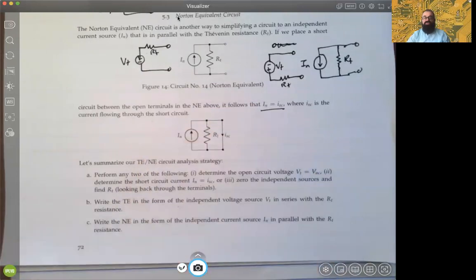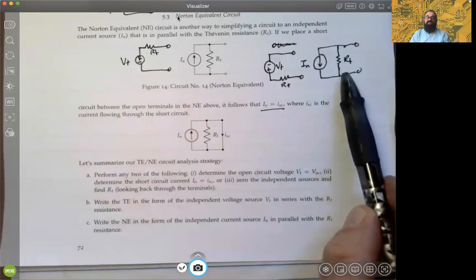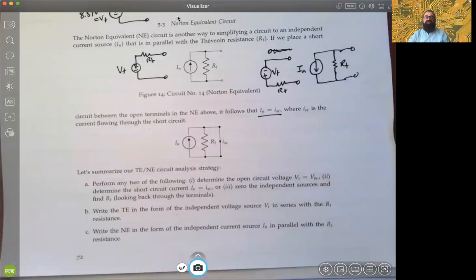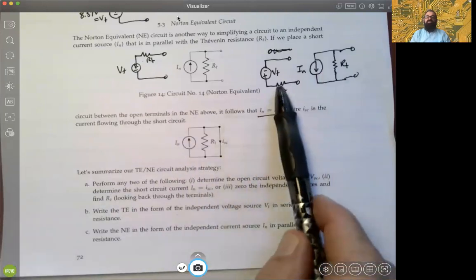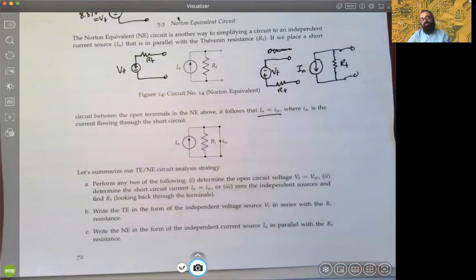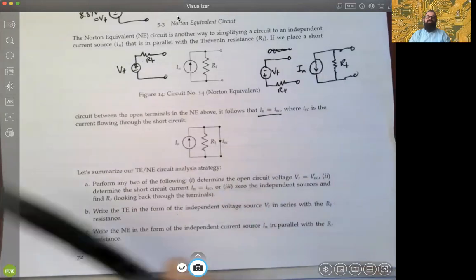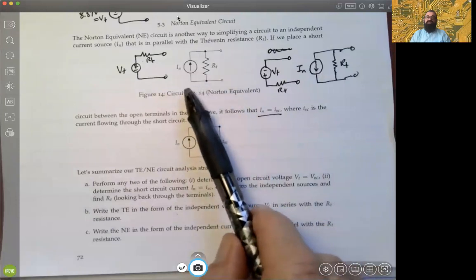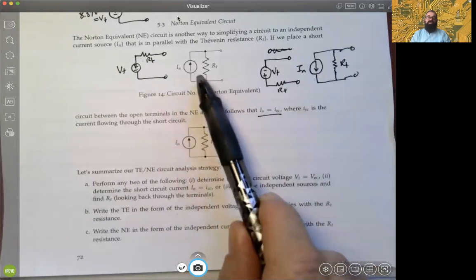You can write the Norton equivalent with that same Thévenin resistance in parallel, but make sure you have the current direction correct if you're coming from a matching Thévenin equivalent. Usually you can see in the circuit which way the current is flowing from the independent source, and you know which configuration you have.